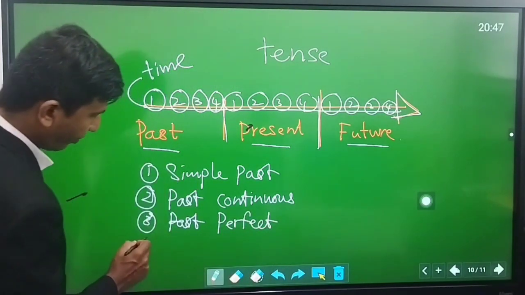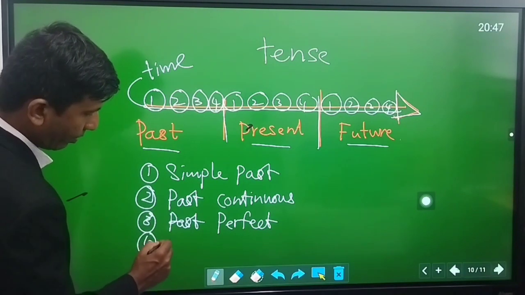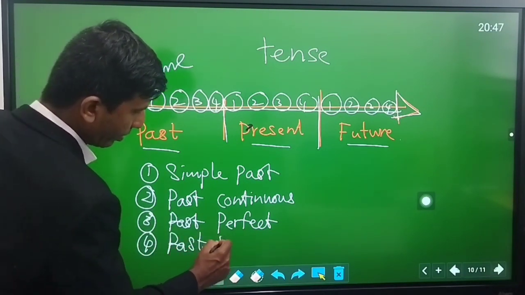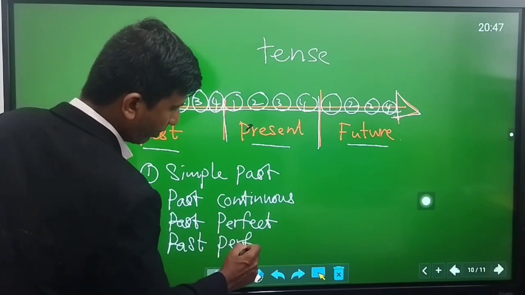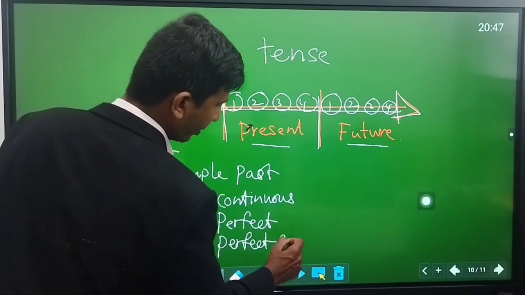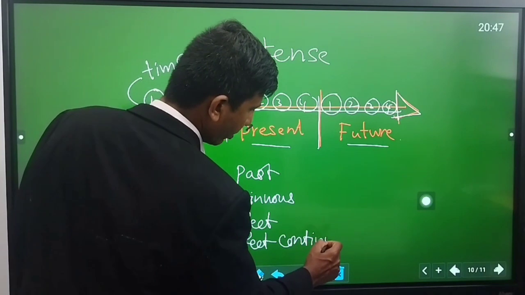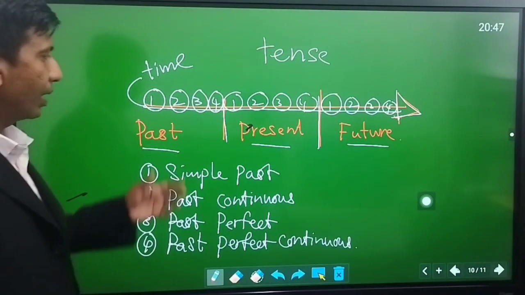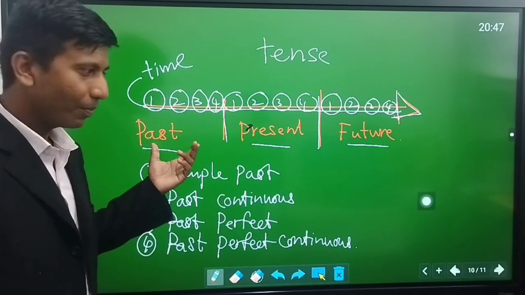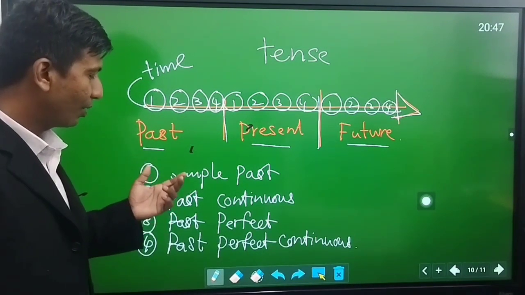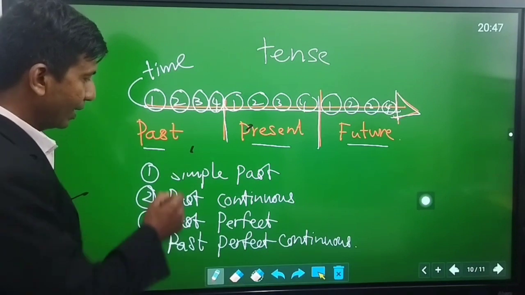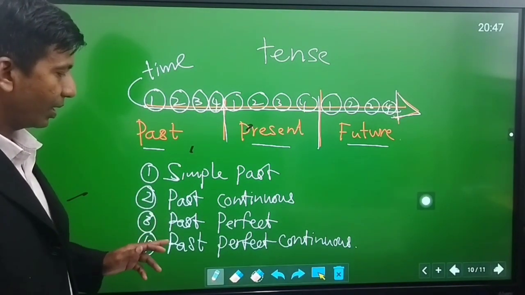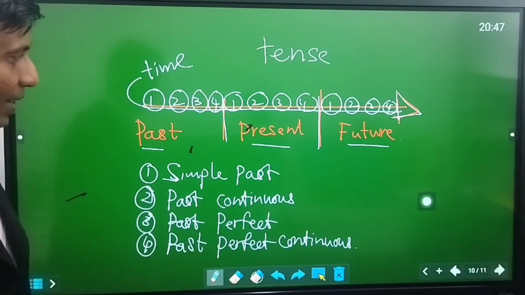And fourth one is past perfect continuous. Okay. In the past of time, we find 4 tenses: simple past, past continuous, past perfect, past perfect continuous.